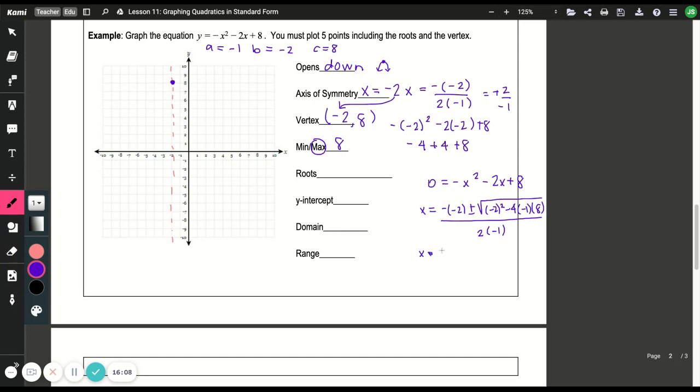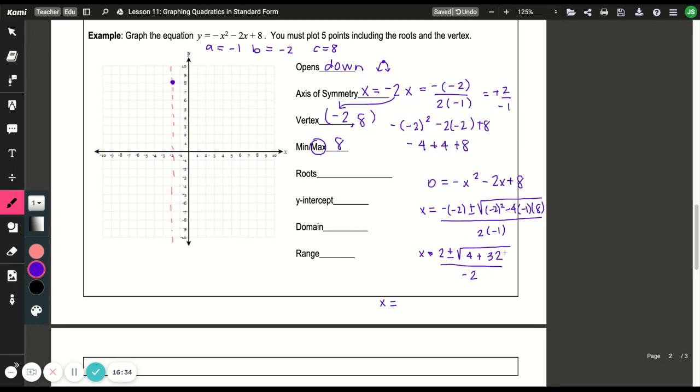So that's +2 plus and minus the square root of 4 plus 4 times 1 is 4 times 8 is 32 over -2. So x equals, if I add these, I get 36 and then take the square root. The square root of 36 is 6.